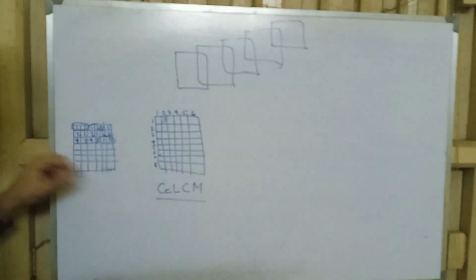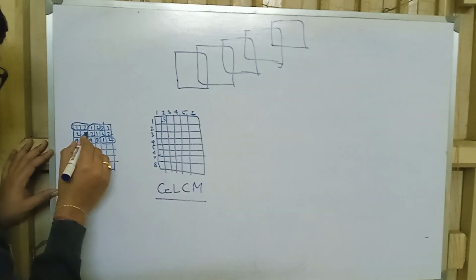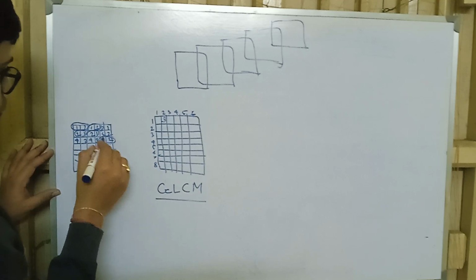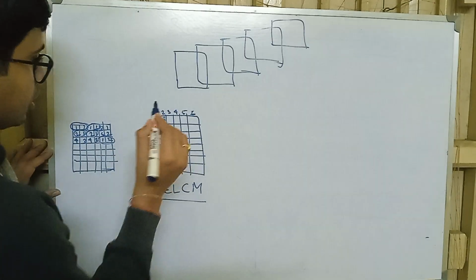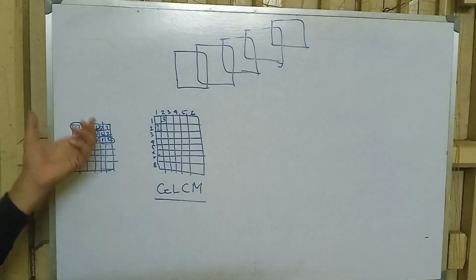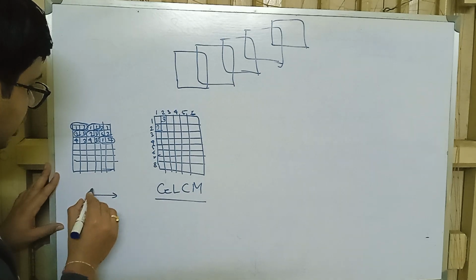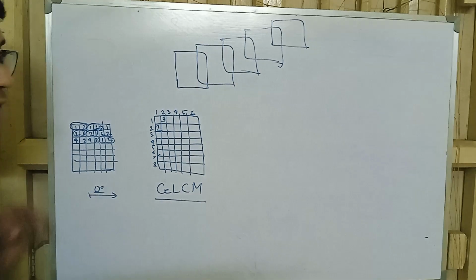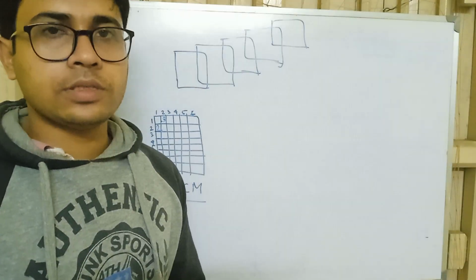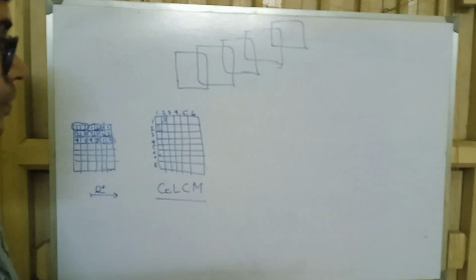Similarly 2 1, how many times are we getting it? 2 times. So this is the texture, the 0 degree texture. We are calculating 0 degree, 45 degree, and many other degrees are possible. That is the texture of my gray level co-occurrence matrix.